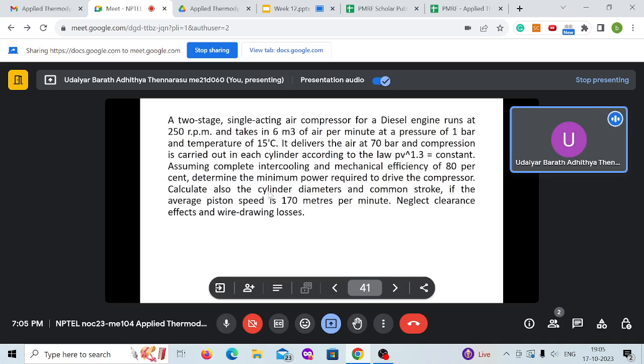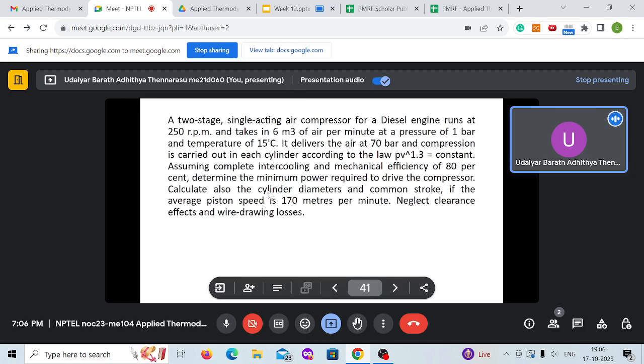So the next question is, we have a two-stage single acting air compressor for a diesel engine which runs at 250 rpm and takes in 6 meter cube of air per minute at a pressure of 1 bar and temperature of 15 degrees Celsius. This delivers the air at 70 bar, and compression is carried out in each cylinder according to the law PV raised to power 1.3 equals constant.